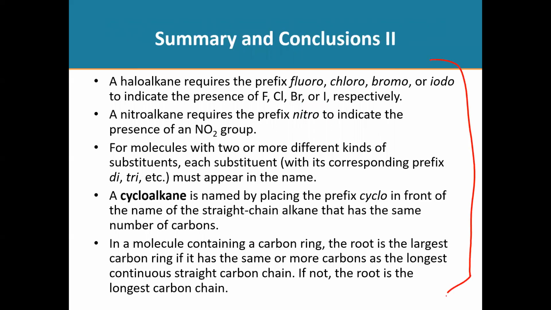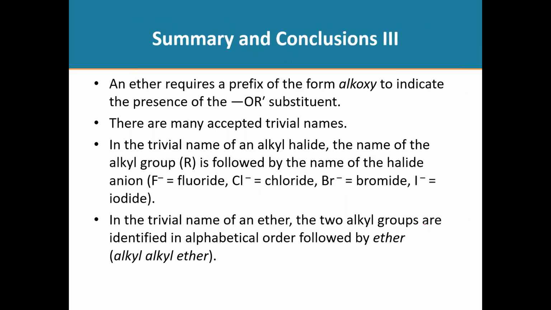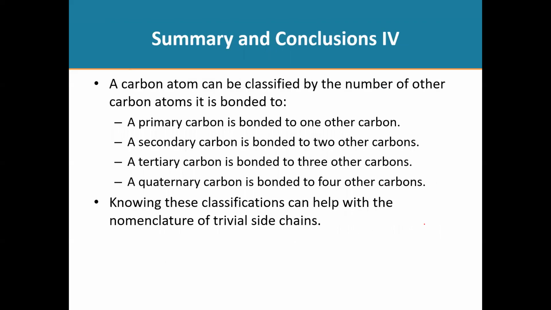Here are some more conclusions and summary. I'll let you go through and read that on your own. And they end it with some more summary and conclusions that we went over. But if you have any questions on how to name, I think that's it. Please let me know. Remember, the primary carbon only has 1 carbon attached.